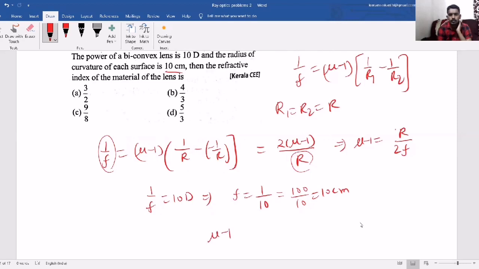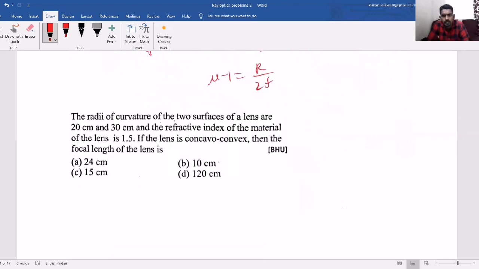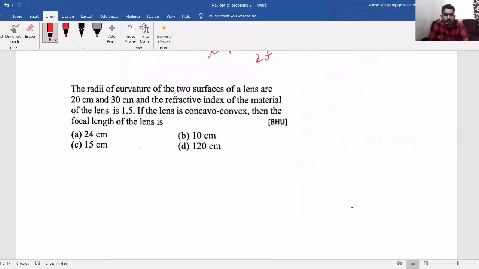Then mu minus 1 equals R by 2F. R is 10, F is 10. Then you can get it. So the answer will come 3 by 2. This way, just try to take care of sign convention at every point of time and the formula also. Just understand and try to do it.